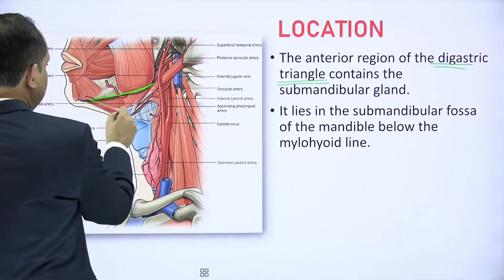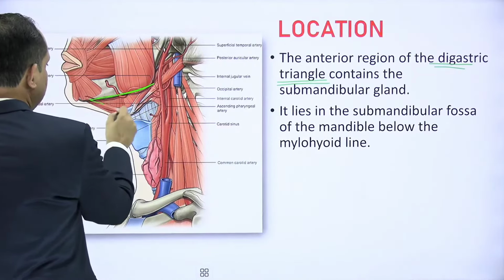When you take a section and see from the inner surface, this is the prominent mylohyoid line, above it the sublingual fossa, and below and posteriorly the submandibular fossa. So this submandibular fossa occupies the submandibular gland.